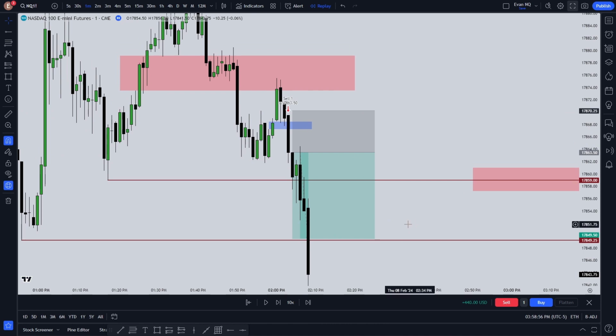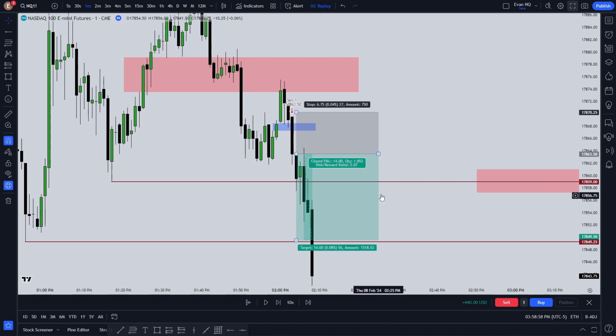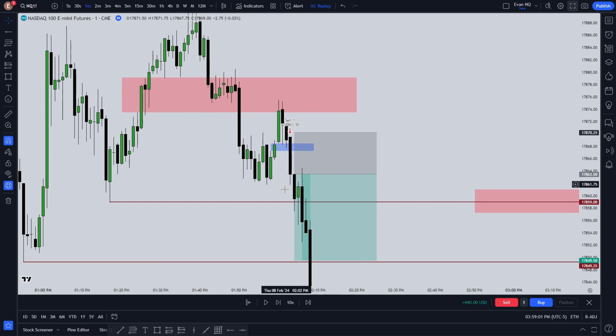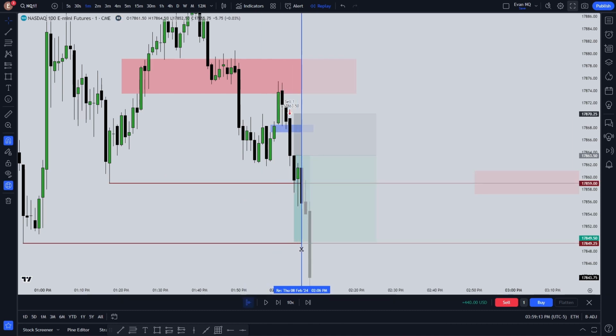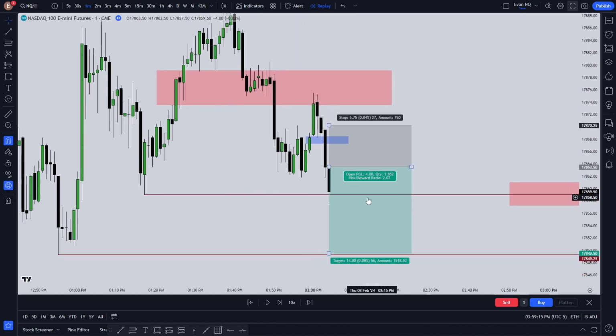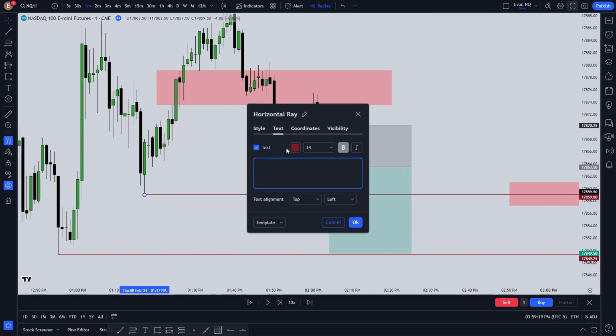And you can take partials. If you're gonna take partials, Dodgy does recommend that you wait till internal sell side is taken out. So as soon as internal sell side is taken out, like it does right here, let's write it out, internal sell side.